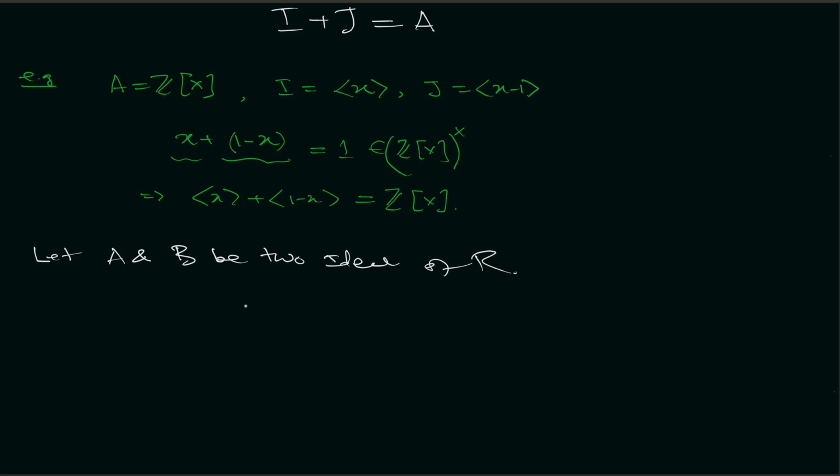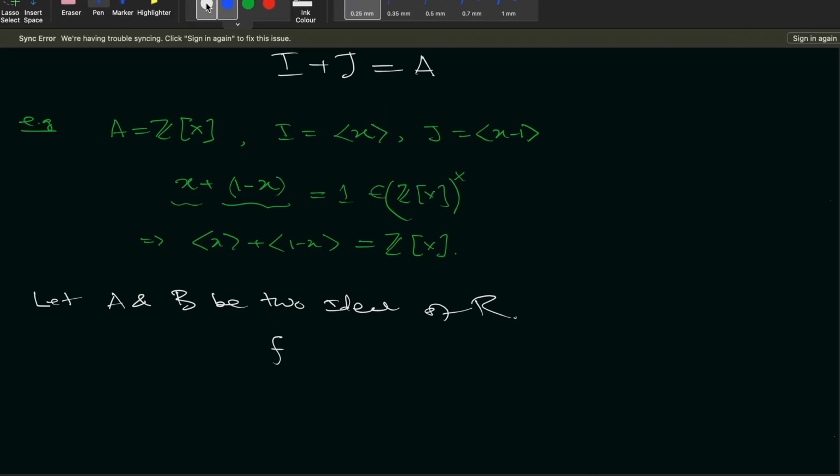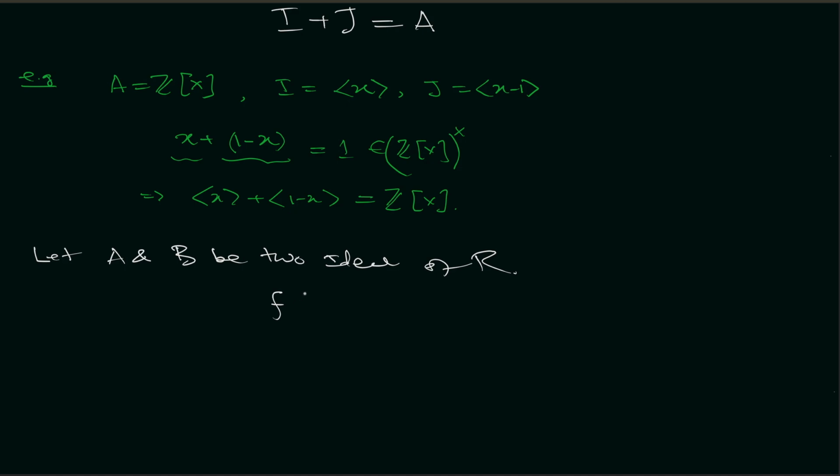Suppose A and B are two ideals of R, and R is a ring with unity. You want to define a map f from the ring R to R quotiented by A cross R quotiented by B. These are quotient rings, which we have already defined.